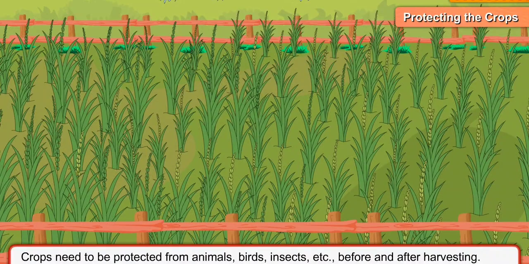Protecting the crops. Crops need to be protected from animals, birds, insects, etc. before and after harvesting. Bigger animals like cows and buffaloes can be kept away by proper fencing around the fields.